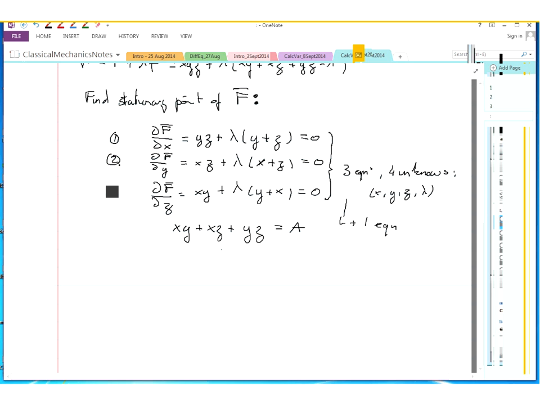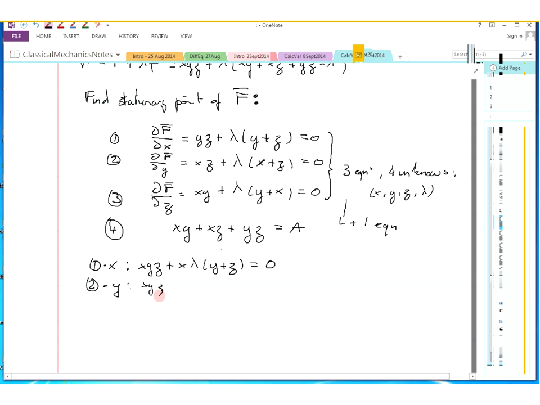So if I call these equations 1, 2, 3, and 4, one way to do it is to multiply equation 1 by x. So that gives us xyz plus x times lambda (y plus z) equals 0.